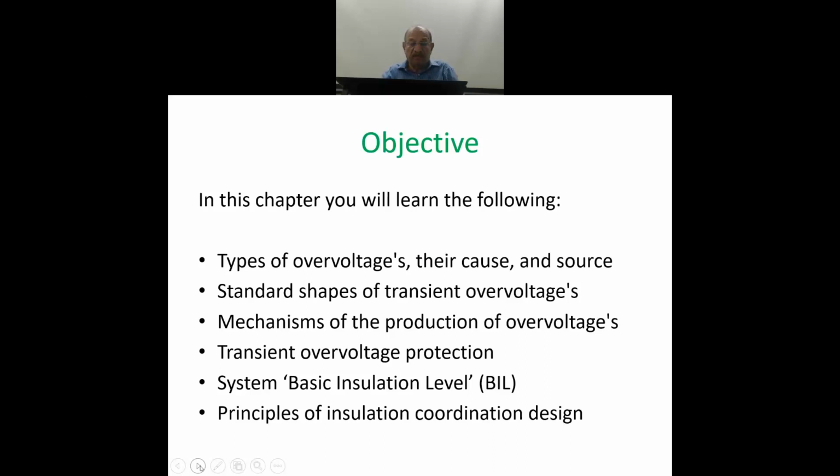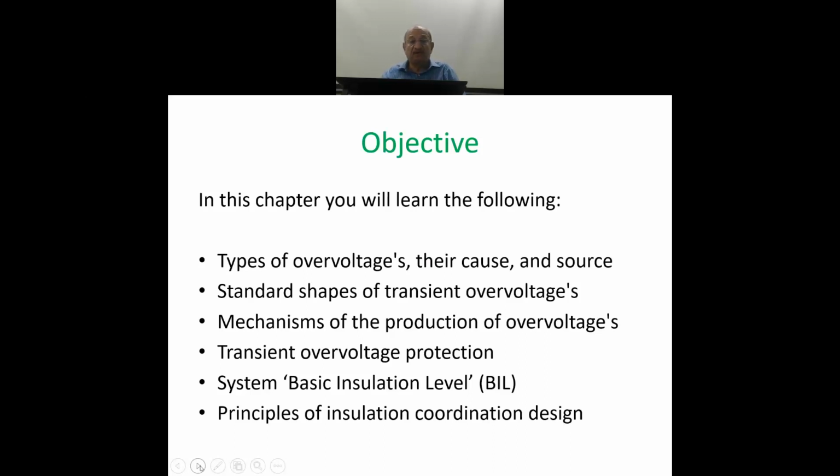So today I would like to apprise you about what an overvoltage is and what the magnitude of overvoltages is, because these are part of the network, and these also provide extra stress to the insulation.